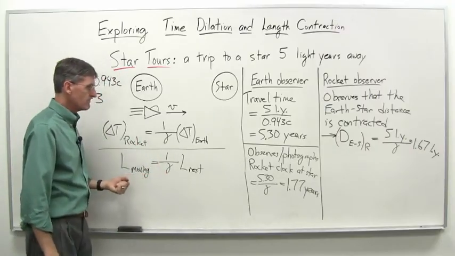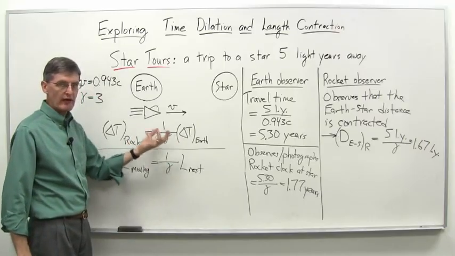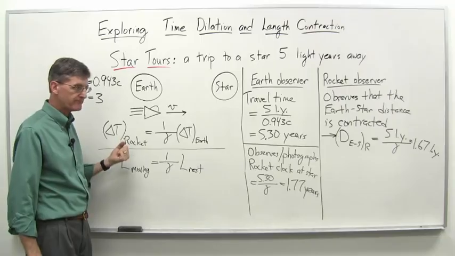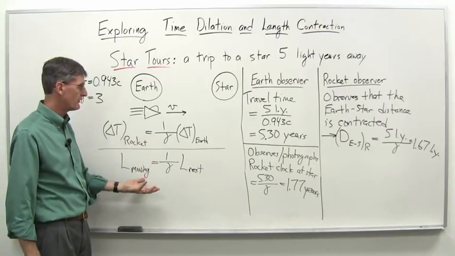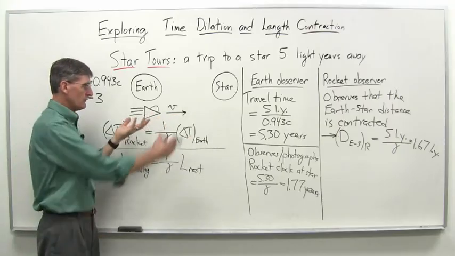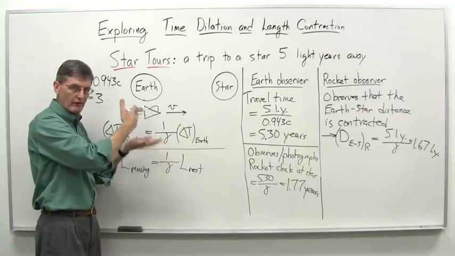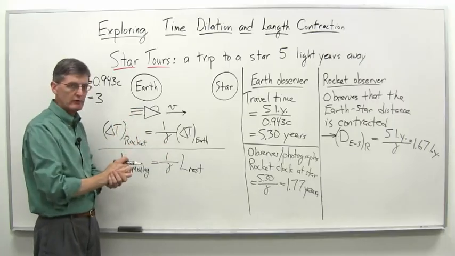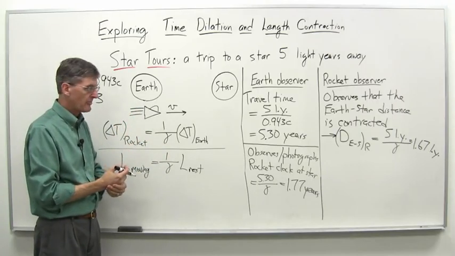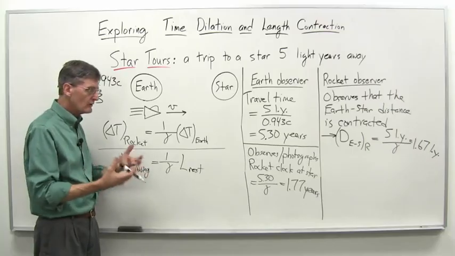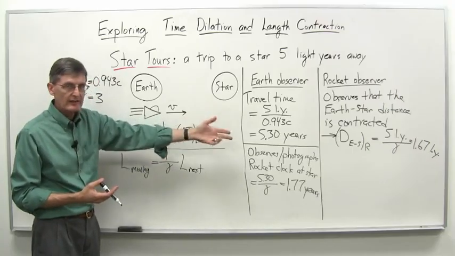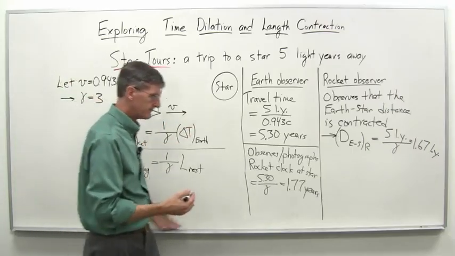And how long does the star travel toward him until it reaches him? Well, it's the time on his clock, 1.77 years. We know that the star and Bob, the rocket, are in the same place when Bob's clock reads 1.77 years. And so what does that mean here? Does this connect with that? So let's think about this a minute.